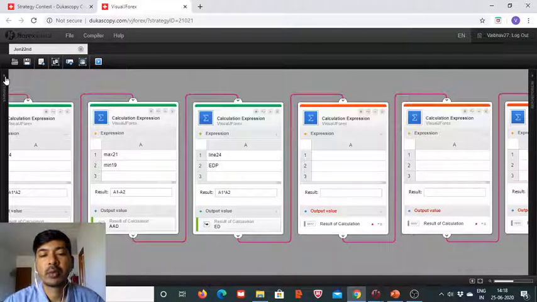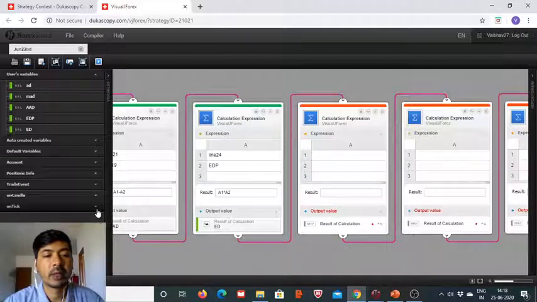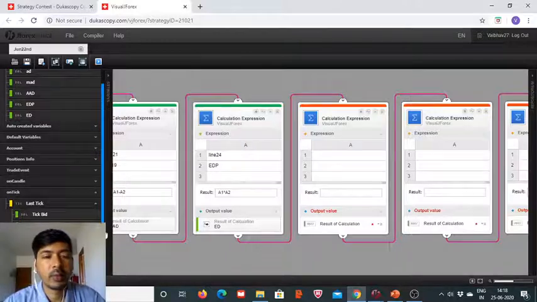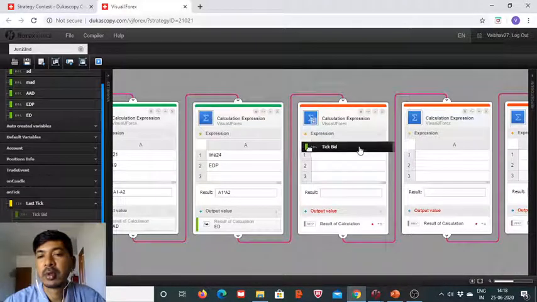So we have to now take the tick price, last tick ask, or the bid. Since we are going in for a buy side, I think bid should be good enough.